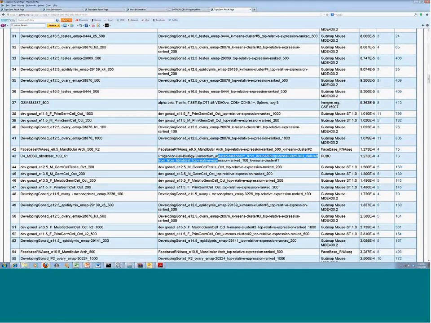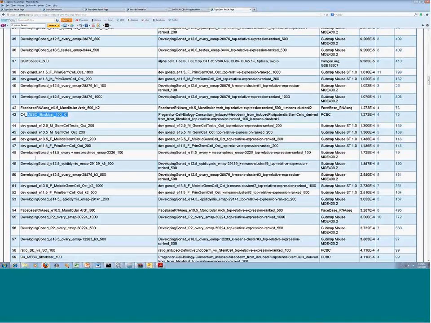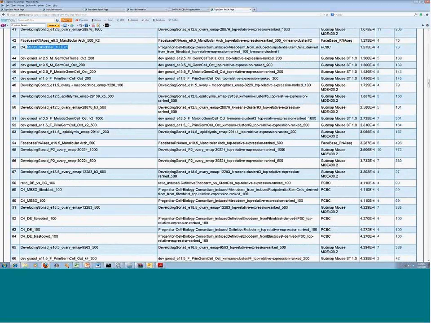No, it's always the first one. It's what the name is. So in this case, this is the top 100 genes, the K cluster number 1 from mesoderm. But if it says something versus something, so here it's DE versus SC, now the top 100 genes that are higher in DE versus SC, and you still have 4 genes.